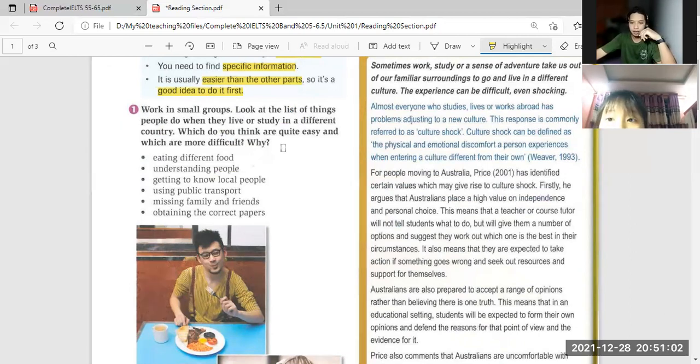Look at the list of things people do when they live or study in a different country. Which do you think are quite easy and which are more difficult? And can you tell why? So these are the list of things people do: eating different food, understanding people, getting to know local people, using public transport, missing family and friends, obtaining the correct papers.